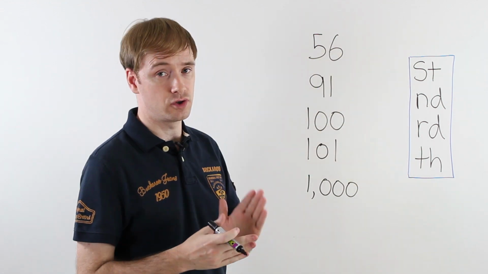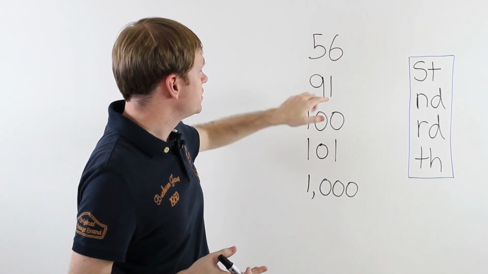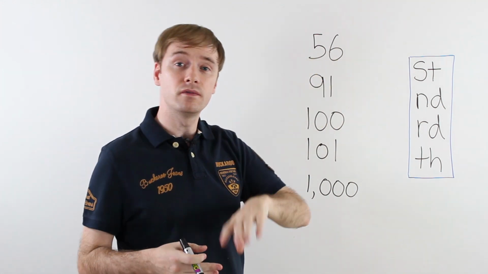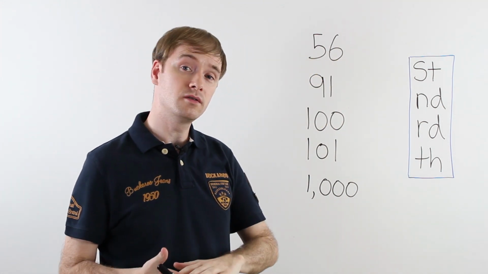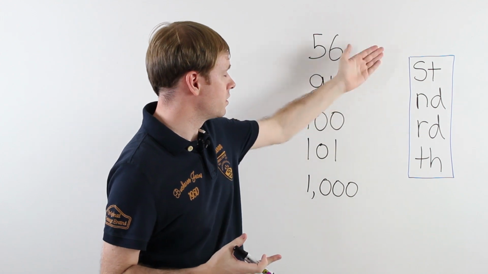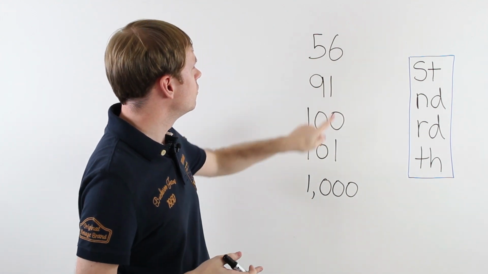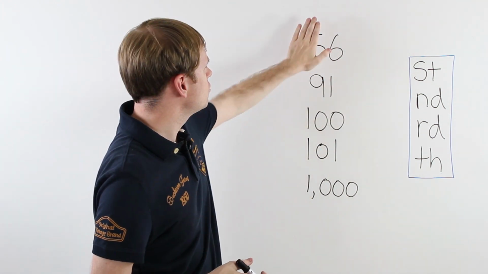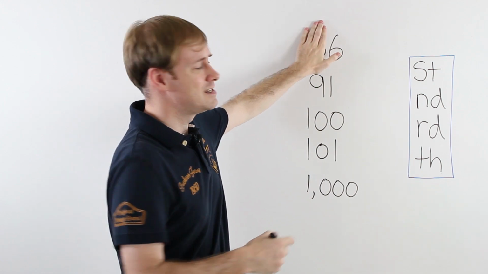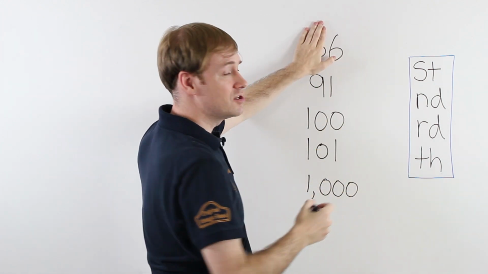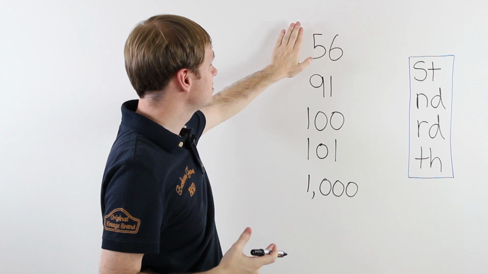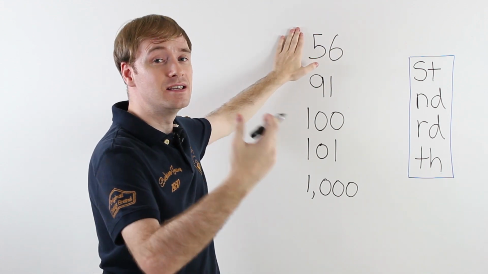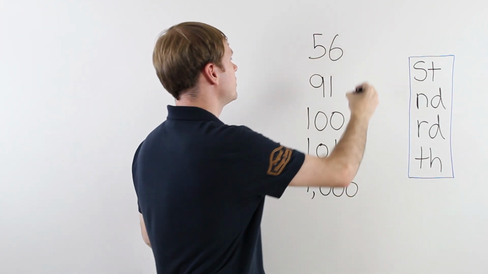We only have 4 choices. The first number is 56. So if we want to change that to an ordinal number, we have to choose one of these, okay? So 56. Well, we know 6 is TH, sixth, and it's going to be the same, 56th. So we're going to write a TH there.